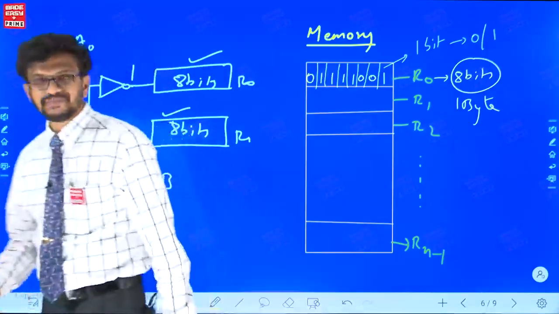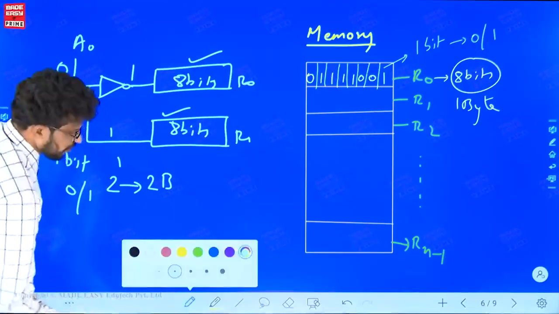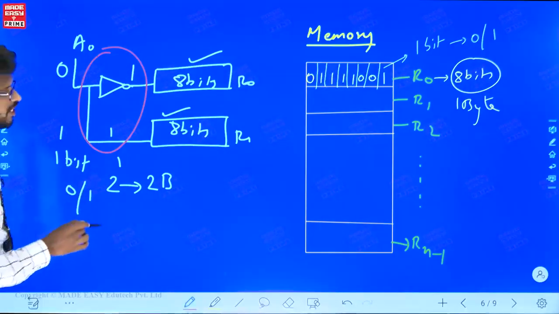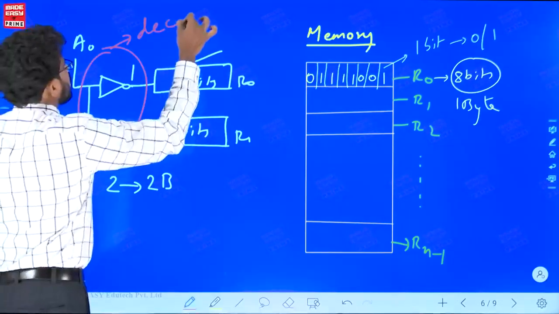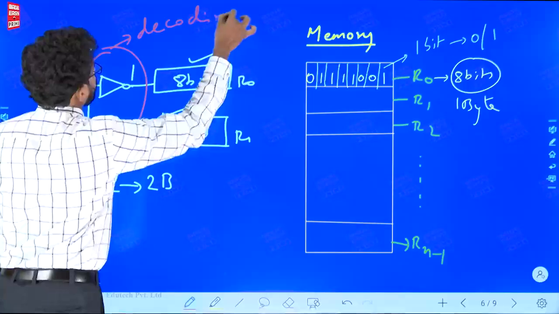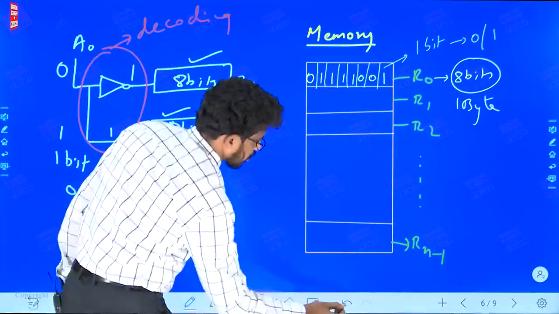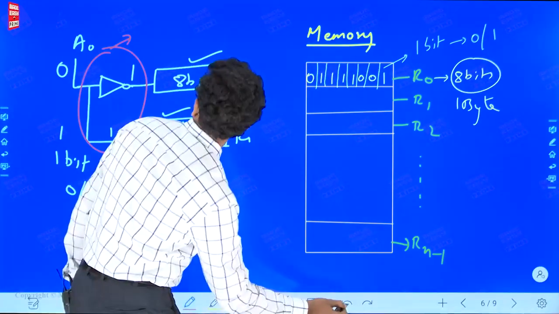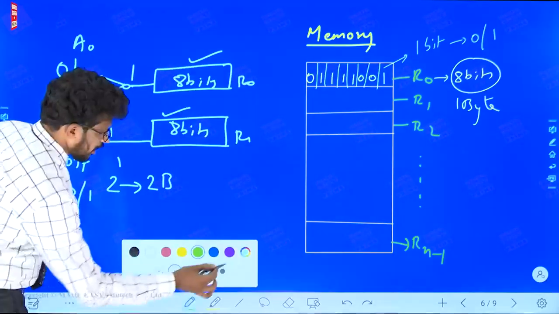Now inside the memory there is some kind of decoding logic, such that the register is selected. We don't bother about this decoding logic, so don't worry about the decoding logic here.